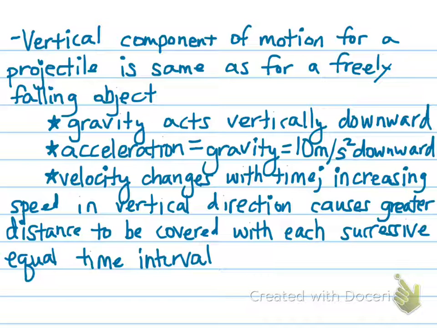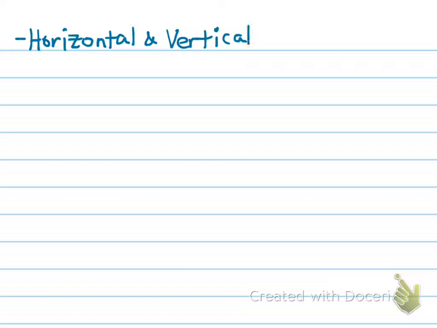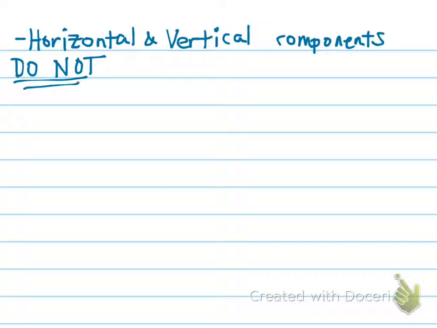What's also really important as we start to talk about projectile motion is that you remember that the horizontal, the left to right, and the vertical, the up and down, components of velocity do not depend on one another.